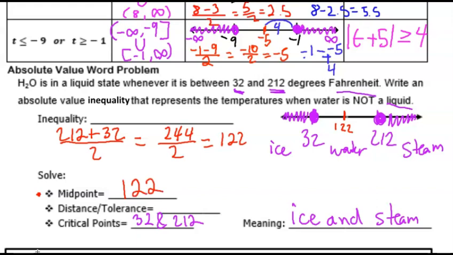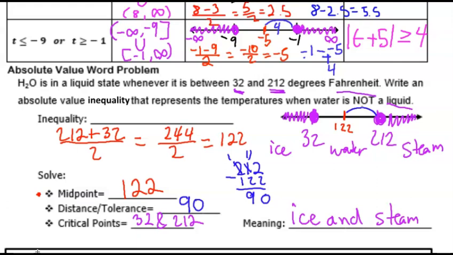To find our distance, we're going to take the difference between our higher critical point and our midpoint. So 212 minus 122 is 90.